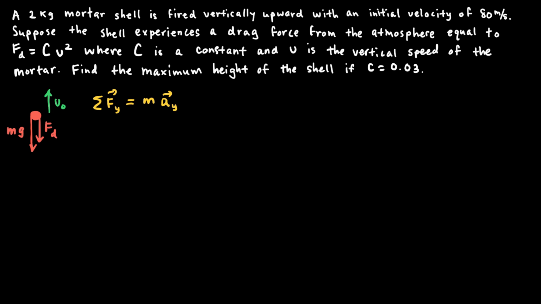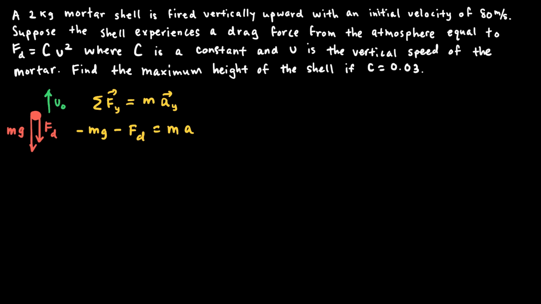And the two forces that act on this object, both mg and Fd, point downward, and I will call that the negative direction. So minus mg minus Fd equals the mass of the object times its acceleration. And that acceleration will be some function of the velocity once we substitute in the drag force.